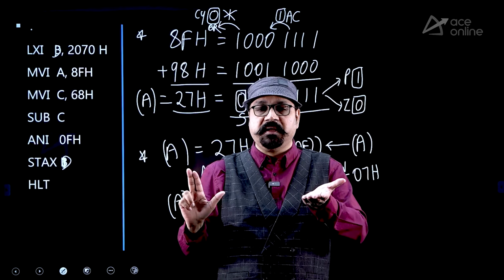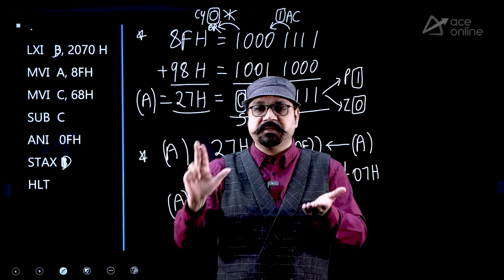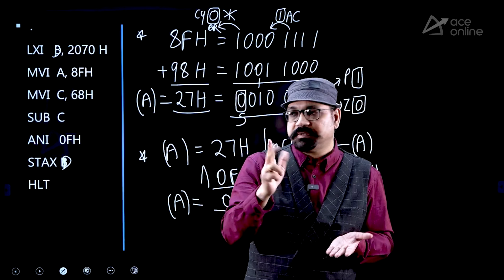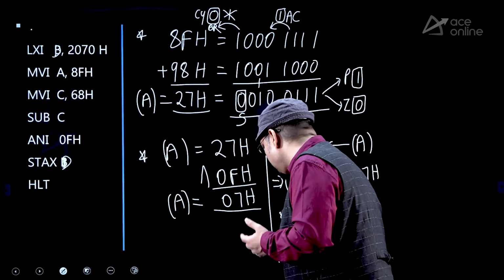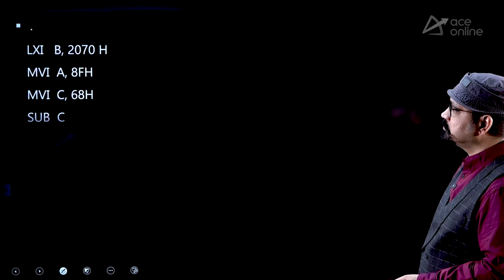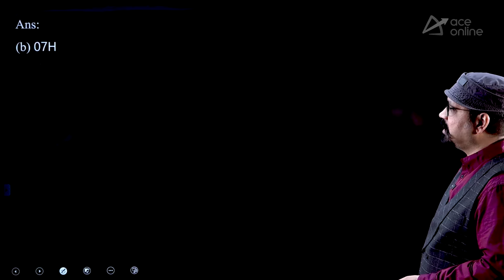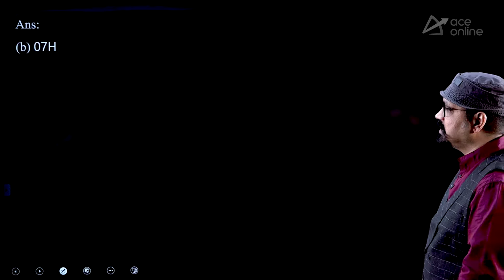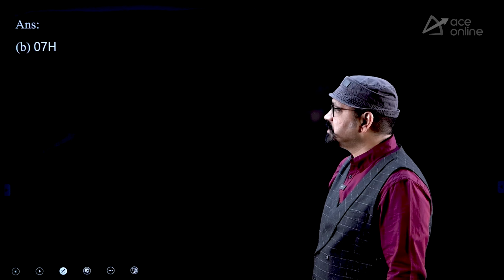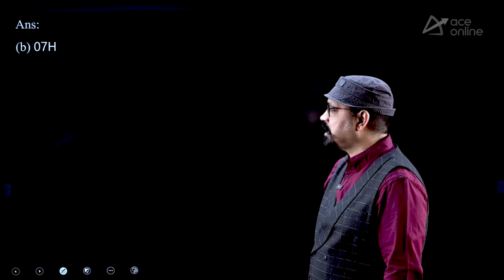My left hand is my data bus, this is my control bus and this is my address bus. Always remember 3 buses, 3 micro operations, 3 clocks. So what is the answer? Answer is 07. They asked what is the content of location 2070. So the content of that location is going to be 07 hexa.